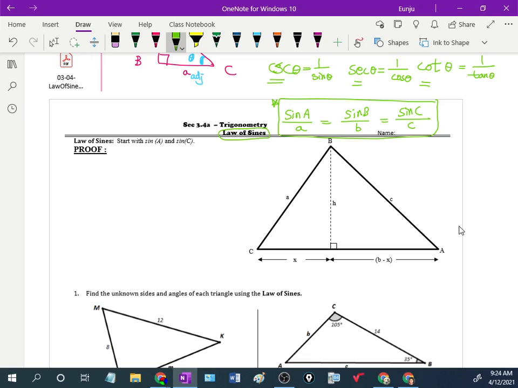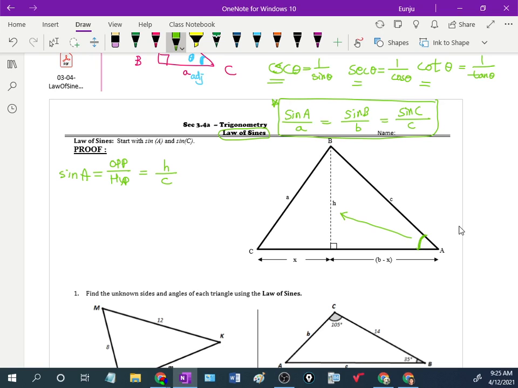Start with a right triangle and sine A. Sine is opposite over hypotenuse, so sine A is h over c in this right triangle.